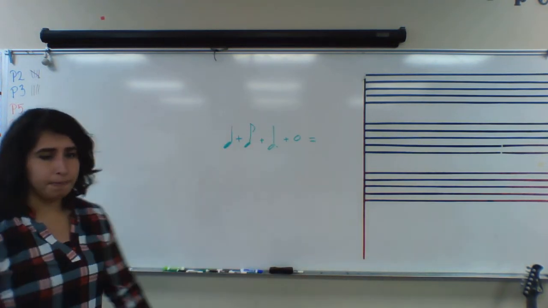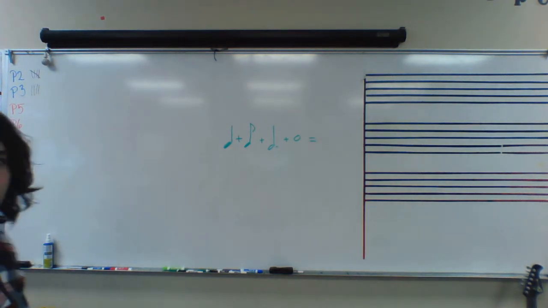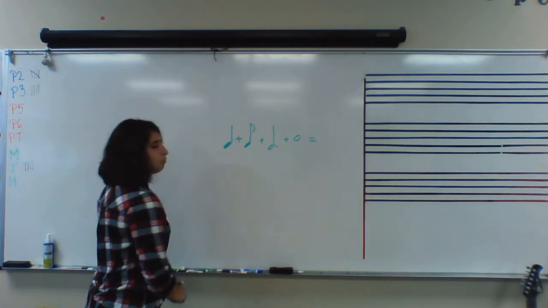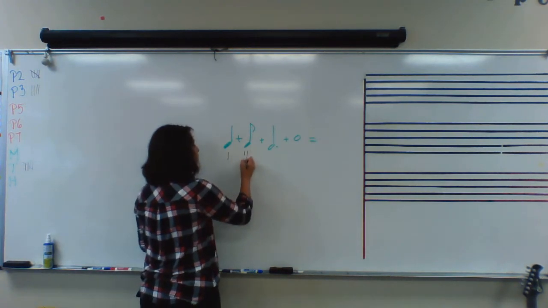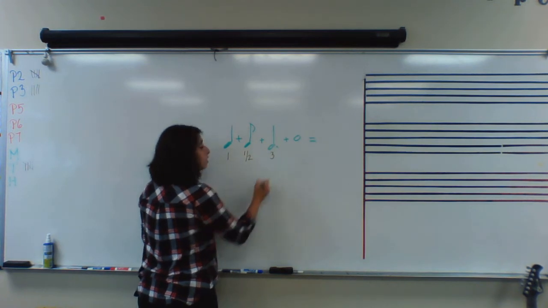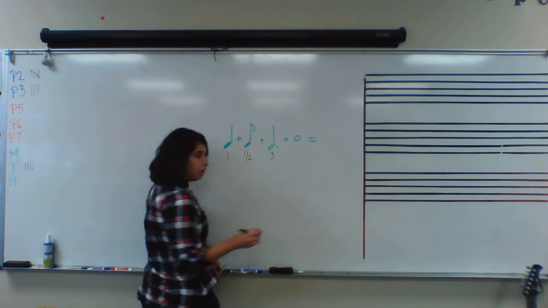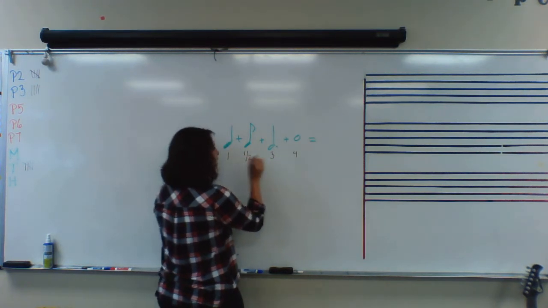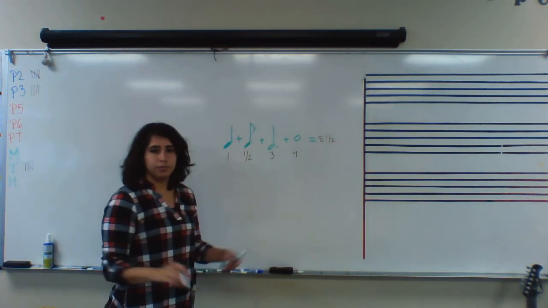Okay. Quarter note plus eighth note plus dotted half note plus whole note. One plus a half plus 3, because a dotted half note is 2 plus 1, plus 4. 4, 5, 6, 7, 8 and a half. Okay.